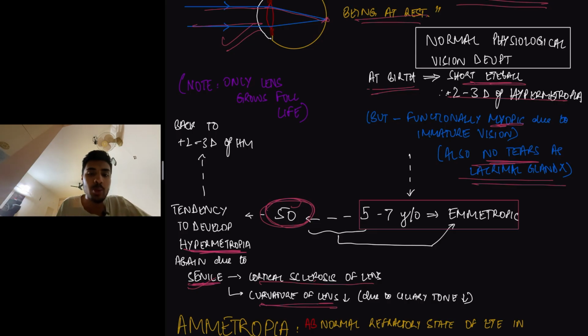There's increased hypermetropia and it comes back to 2 to 3 diopters of hypermetropia. So as you can see, a newborn baby has 2 to 3 diopters of hypermetropia because of a very short eyeball. But it comes back to 2 to 3 diopters of hypermetropia because of the tendency at old age. And the only part of our eye which grows throughout life is the lens. The lens grows throughout life. There is continuous deposition of lens proteins. So that is one more thing.